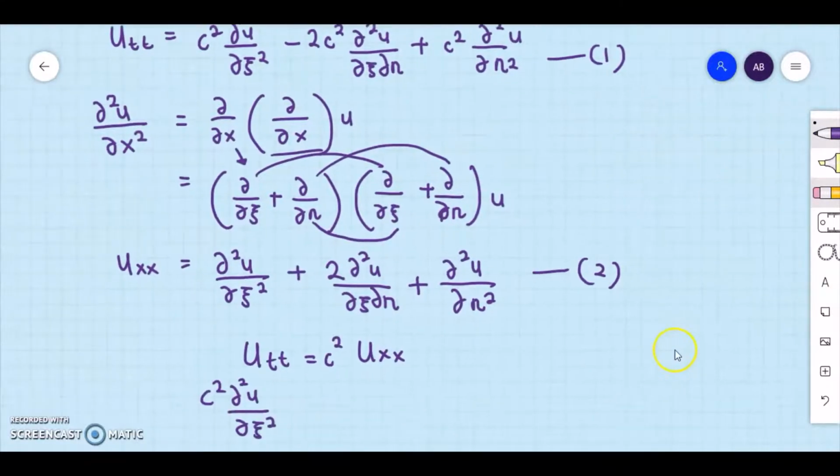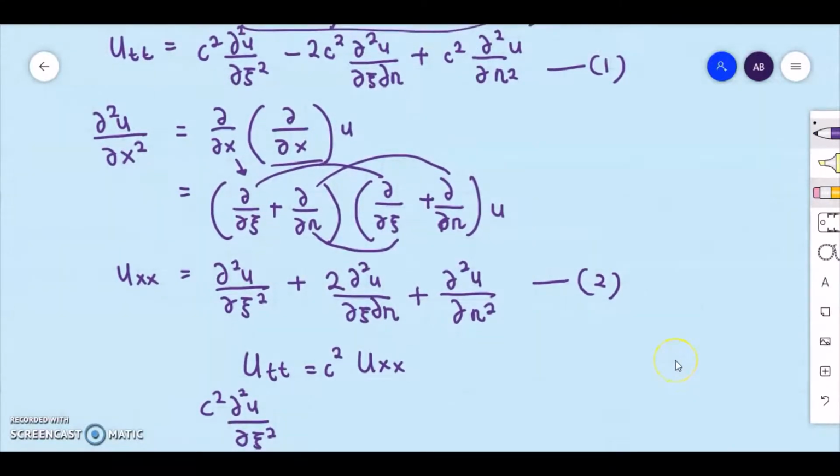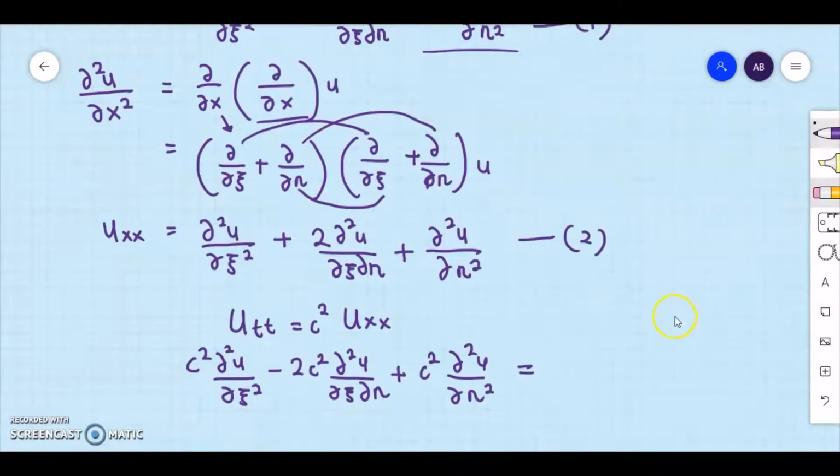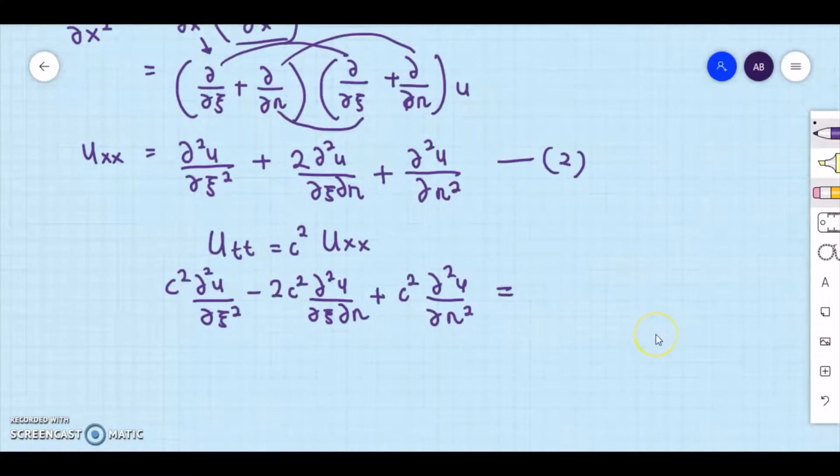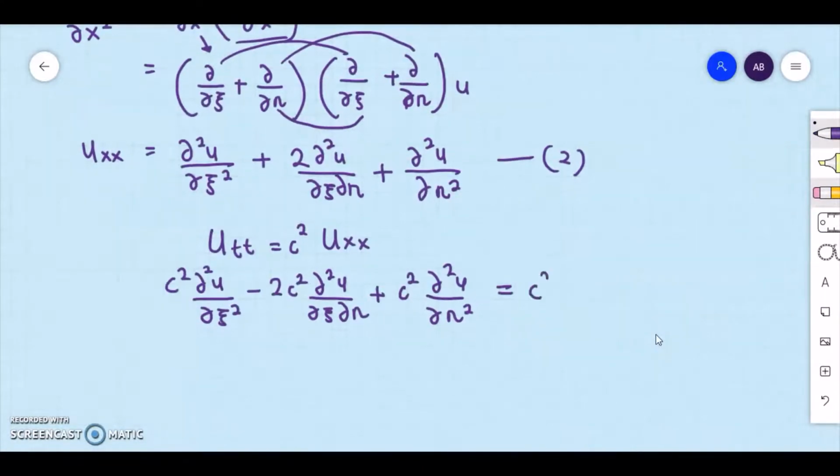And then minus 2c squared partial squared u over partial xi partial eta, plus c squared partial squared u over partial eta squared equals, where is my c squared?